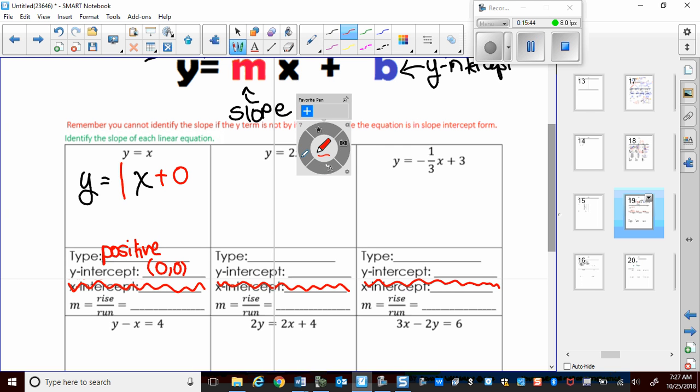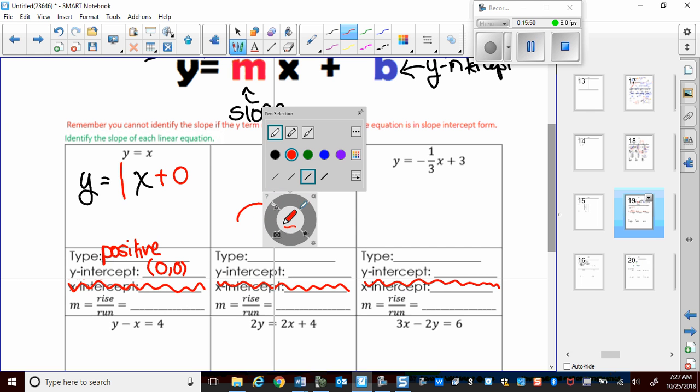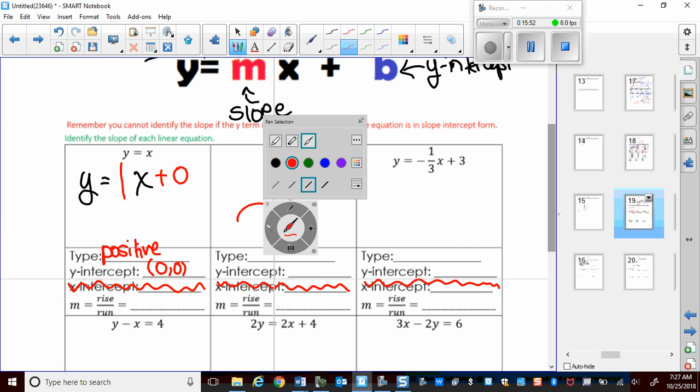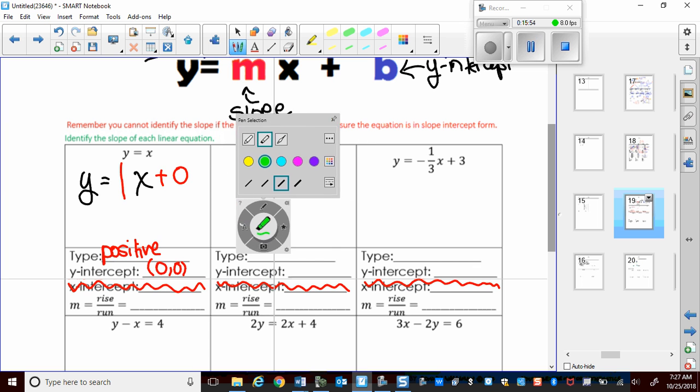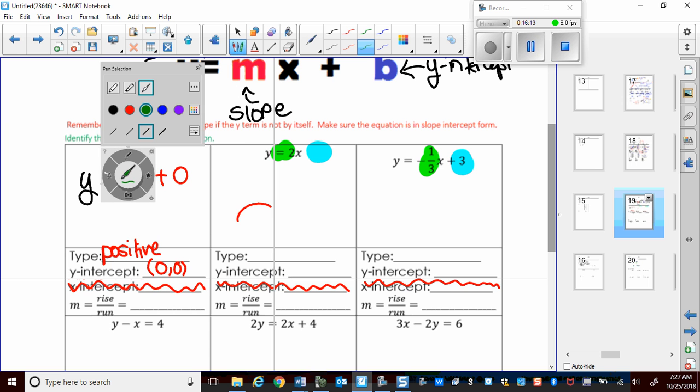So I'm going to highlight some things, and I'm going to ask you to highlight some things as well. So what do we want to highlight? We want to highlight the numbers in front of x. 2 is in front of x, negative 1/3 is in front of x. Okay, these are our slopes. Now the numbers added to x. There's nothing added to the x term here. There is something added to the x term there. So we're going to go through and identify these parts.